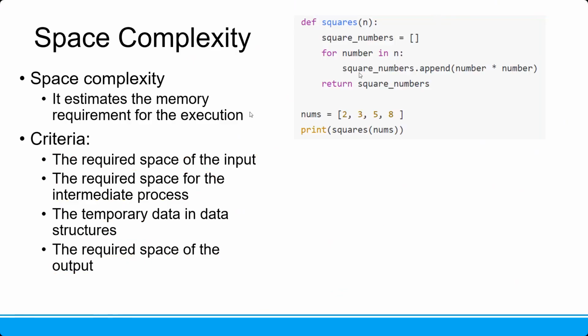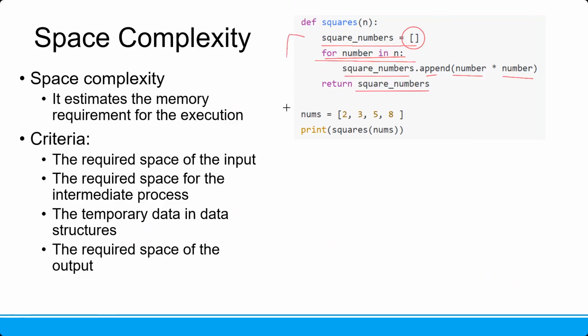And if we have this algorithm, what happens? Square numbers with an empty array. So we will do square numbers dot append number multiplied by number. Then we will return the square numbers after the loop finishes.